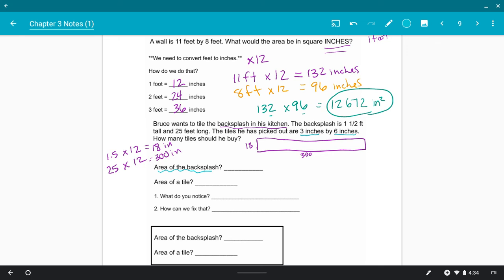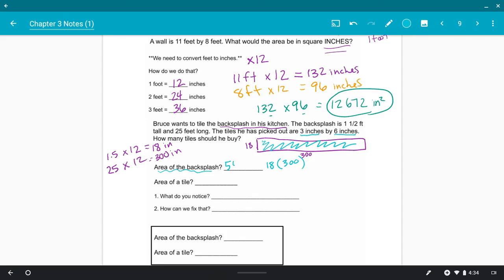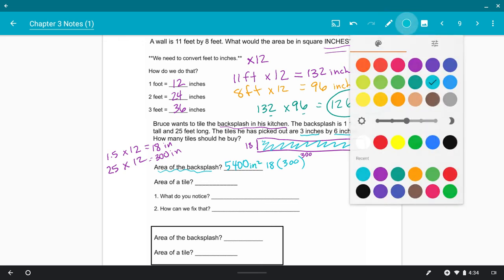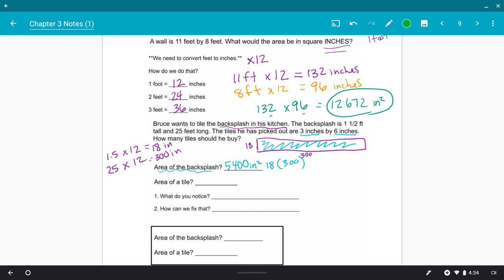So the area of the backsplash would be 18 times 300. We want the area of that big long rectangle. 5,400. And that's square inches. Then we need the area of a tile.